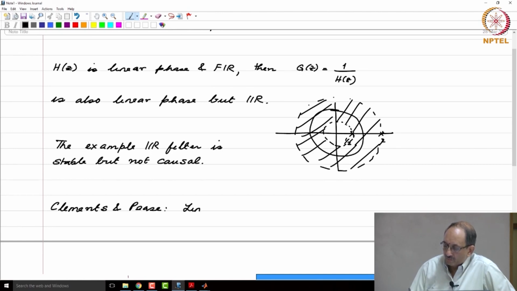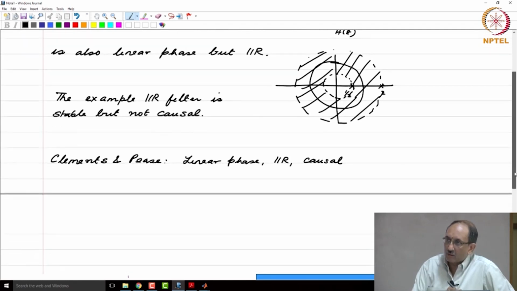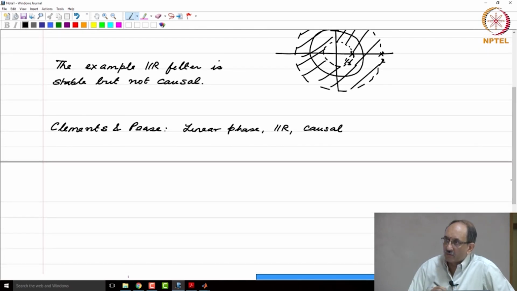So, linear phase IIR causal. So, your objection that the example that is considered is not causal is now met with this paper. Causal, you want causality? Okay, I will give you causality. You want linear phase? You have linear phase. IIR? Yes, this is IIR.